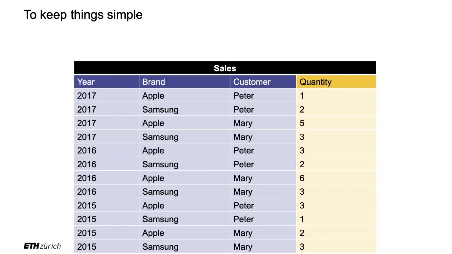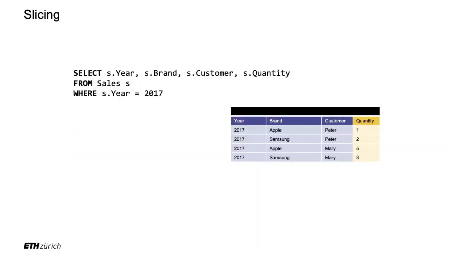This is something I changed this year because I wanted to decouple things a bit and found a simpler way of explaining things. Okay, so how do I slice? Well, it turns out that slicing a cube, given the mapping that I've shown you, storing the fact table as a relational table, slicing a cube is in SQL what?